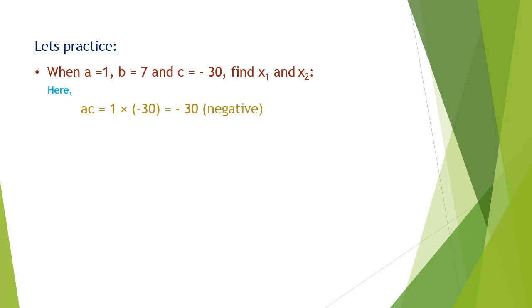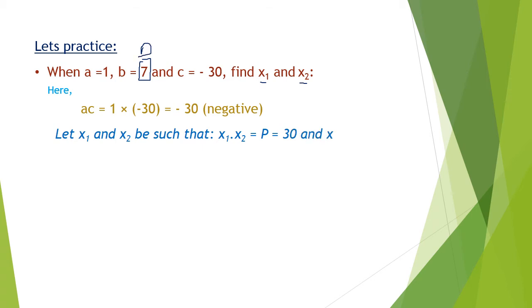Now we have to find two numbers, x1 and x2, such that their product P is 30, always with a positive sign, and their difference is 7, the value of B. It must be the value of B. So x1 minus x2 is equal to D, which is equal to 7.